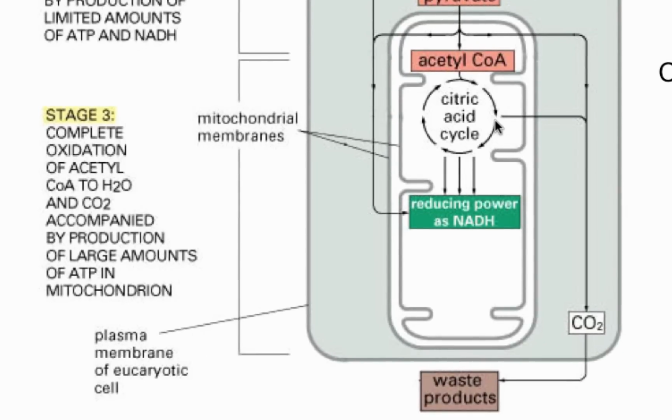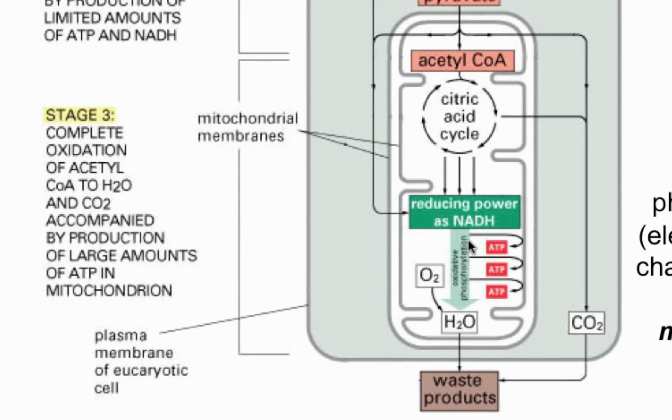Those electron carriers are going to be brought into the respiratory electron transport chain. And when they donate their electrons to the electron transport chain, that will result in a proton gradient that eventually will be used for the generation of ATP.